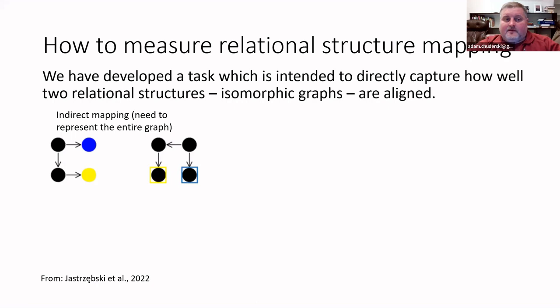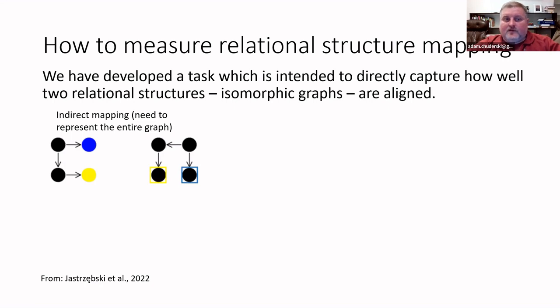All the nodes were black, and they had to point with the mouse which node corresponds to the yellow node and which one corresponds to the blue node. So now you cannot count the edges because both nodes have 1 incoming edge. You have to represent the entire graph.